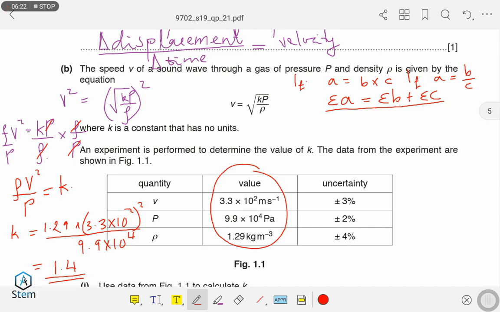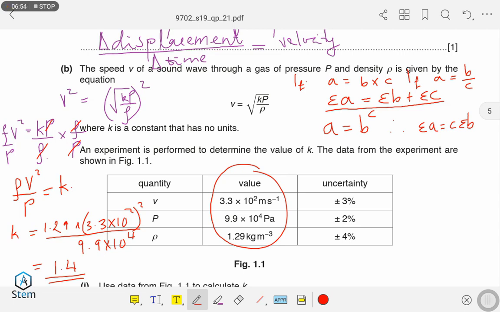Another equation which is very important when we are working with uncertainty is, suppose A is equal to B to the power of C. Therefore, fractional uncertainty in A is equal to C multiplied by fractional uncertainty in B. Well, these are the equations which you need to employ.